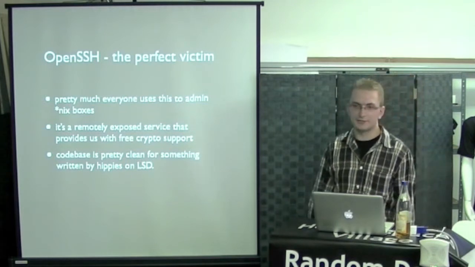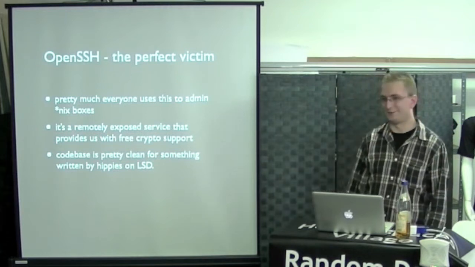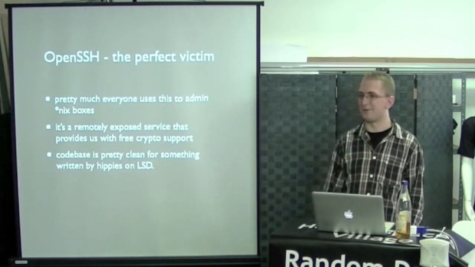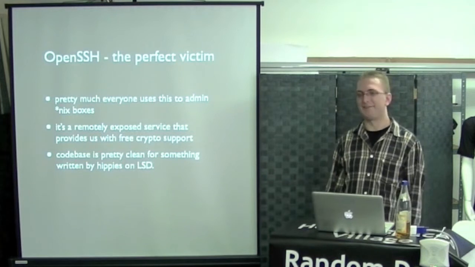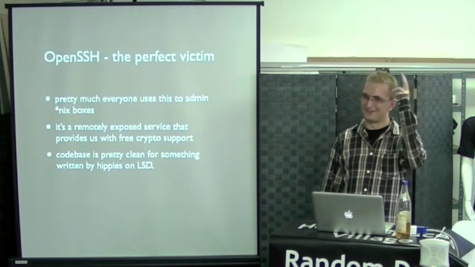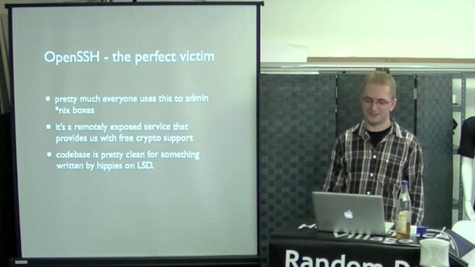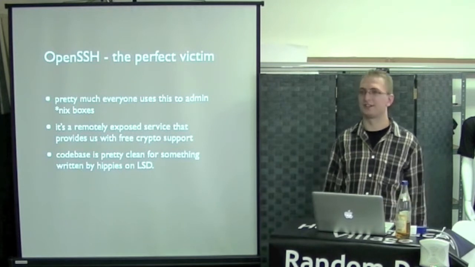And the code base for OpenSSH is surprisingly clean for something written by a bunch of LSD acid-dropping hippies. I've spent maybe 2 weeks reading through pretty much the entire OpenSSH source code just to familiarize myself with how things are structured and laid out there.